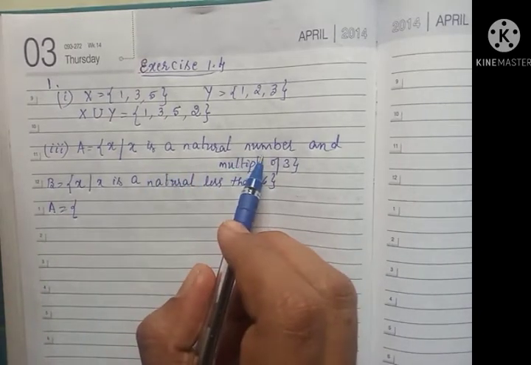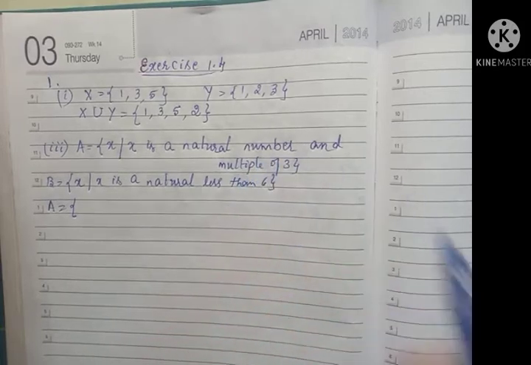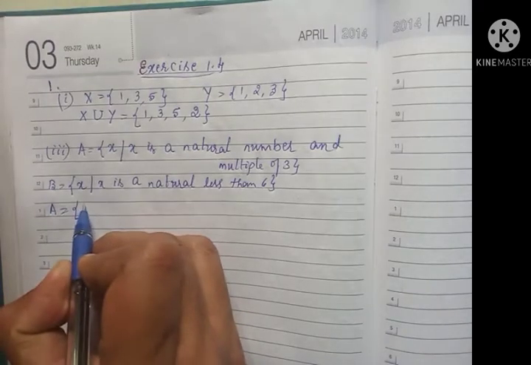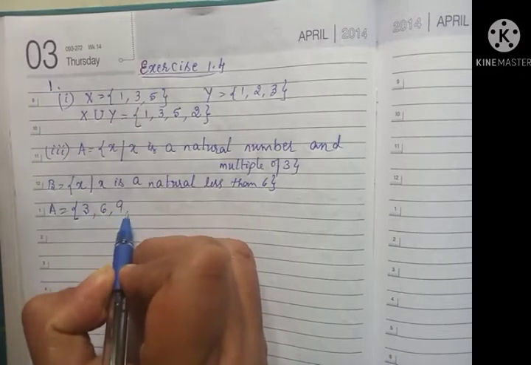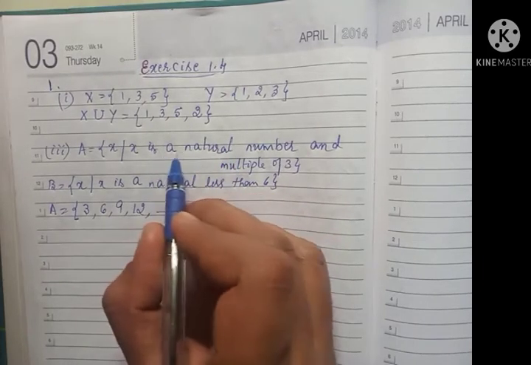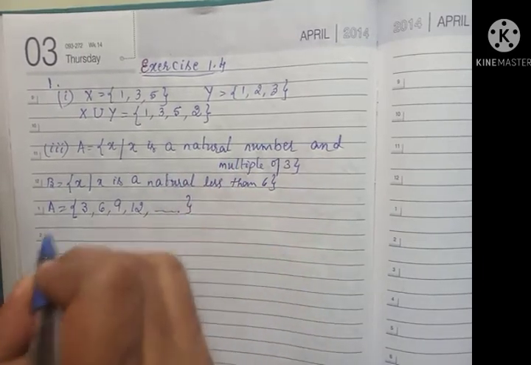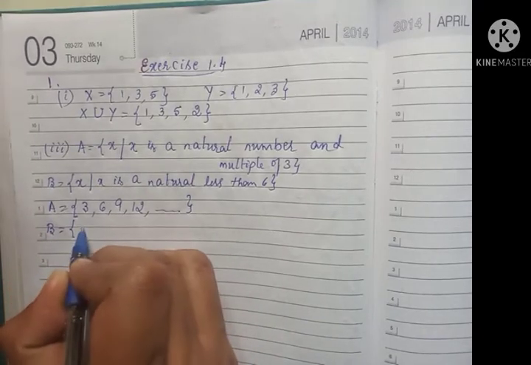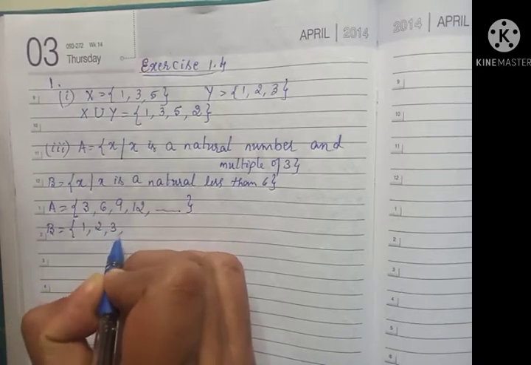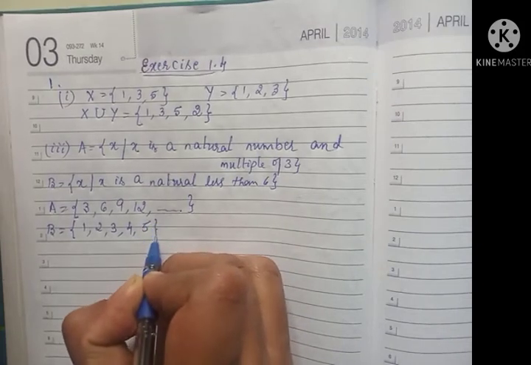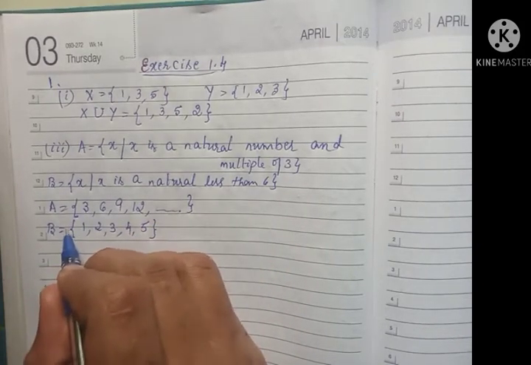X is a natural number, that's the first condition, and a multiple of 3, so A is 3, 6, 9, 12, etc. This is an infinite set, there is no bound here, they mention only natural numbers. Next, B is the natural numbers less than 6: 1, 2, 3, 4, 5. You can't write 6.